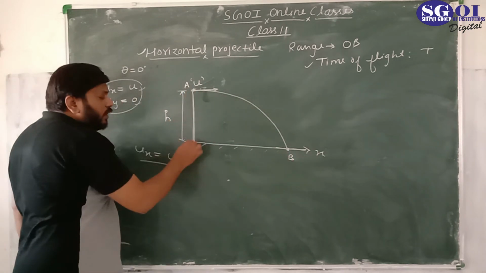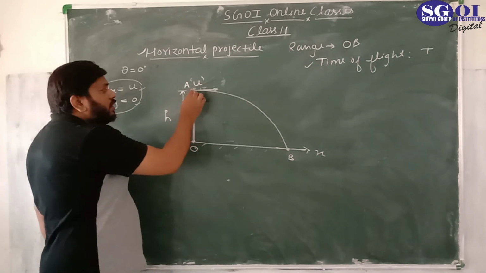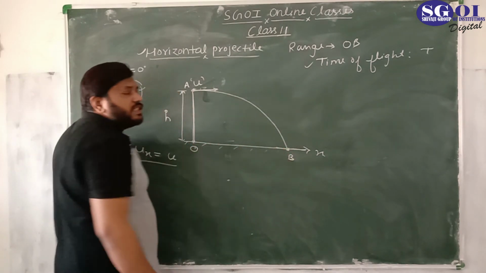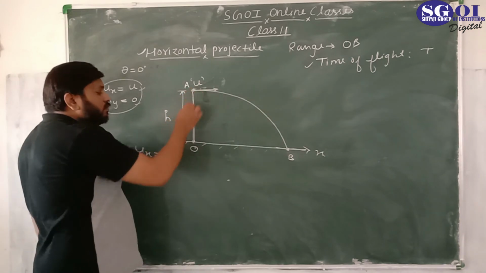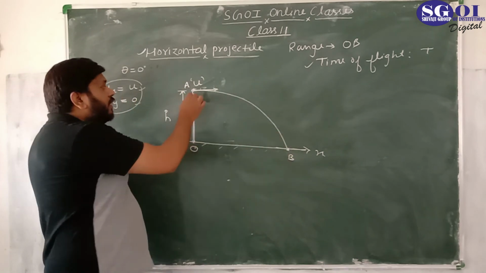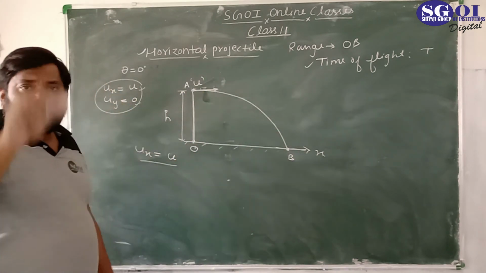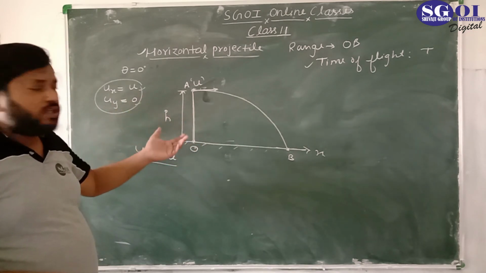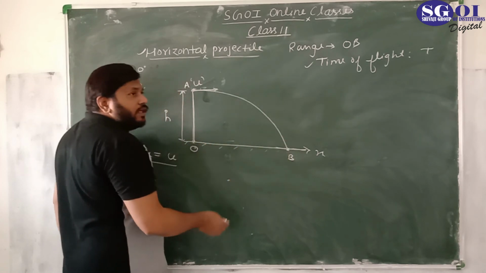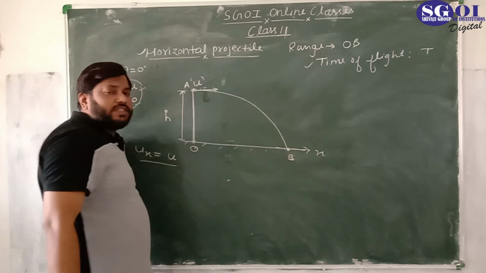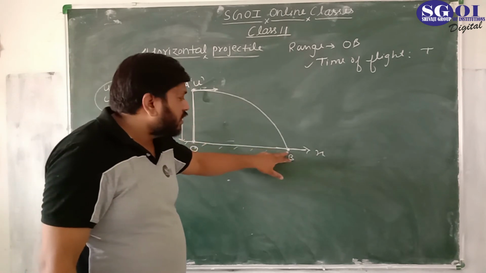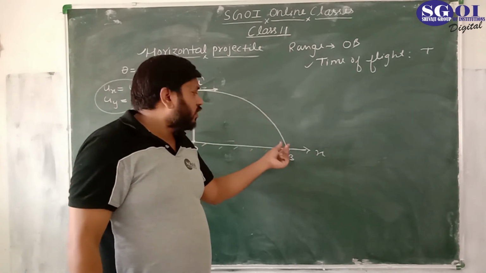The time taken to cover the vertical distance and the horizontal distance is the same, because finally it reaches B, where y is 0. If we take this axis as the y axis, y is 0, and x has some value for the position.